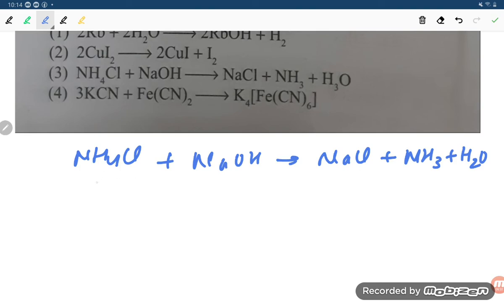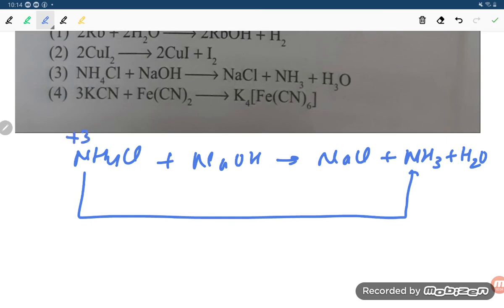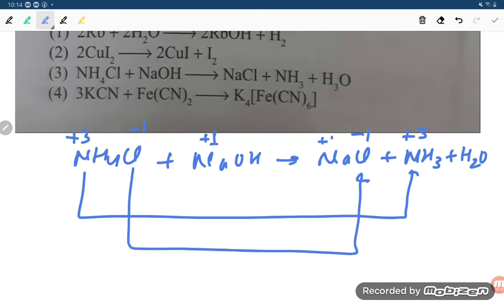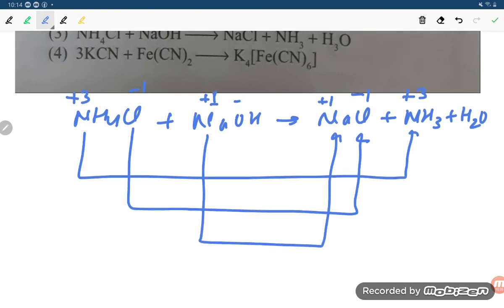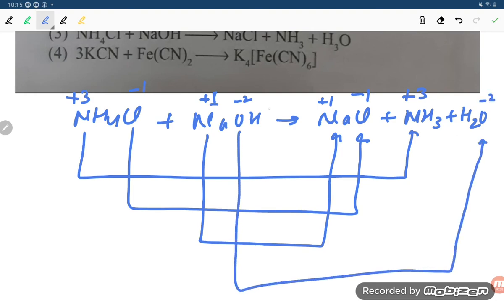So if you talk about nitrogen to nitrogen, and chlorine to chlorine, the oxidation number of nitrogen is how much? Minus 3, and this is also minus 3. Chlorine is minus 1 on both sides. Sodium is plus 1, here also plus 1. Oxygen is minus 2, here also minus 2. Hydrogen is plus 1, here also plus 1.